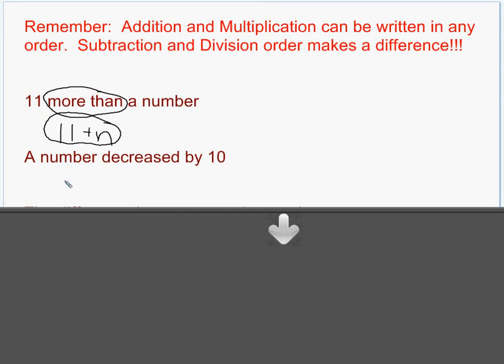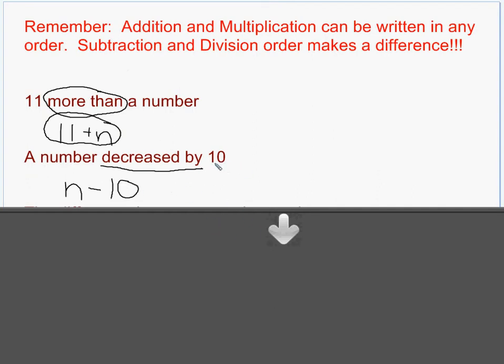Okay? The next one, a number decreased by 10. So that's a number, it's n, decreased by, that's your key term, that means subtraction, 10. And once again, I said these key terms should be reviewed. If they're not, make sure you see me for the handout, or you can download it on my website. But make sure you get these stored away in your math knowledge in your brain, okay? Now, make sure you know what order to do your subtraction in. A number decreased by 10.